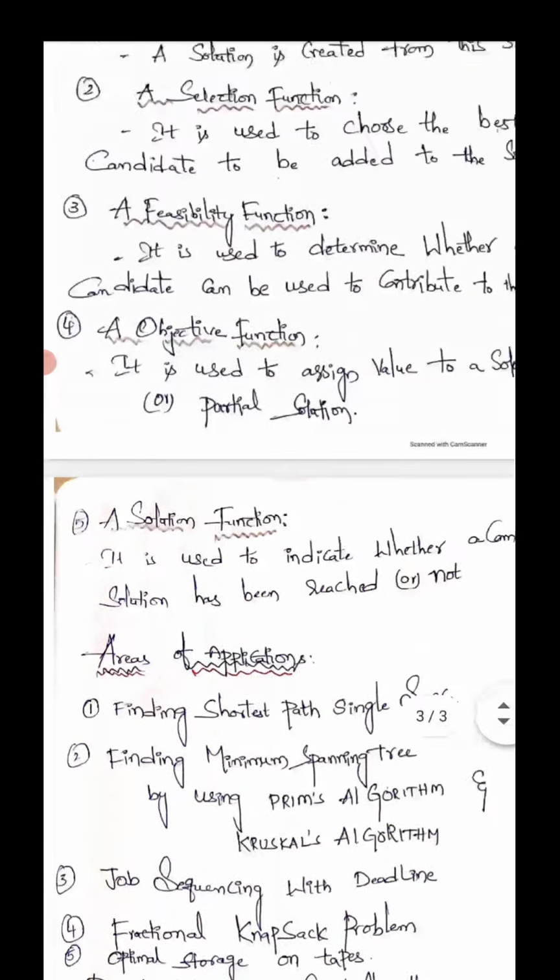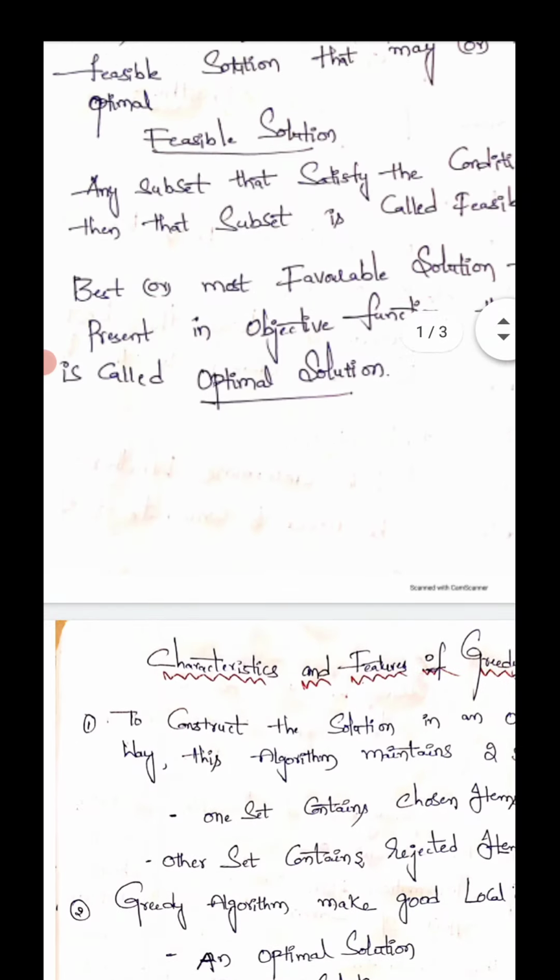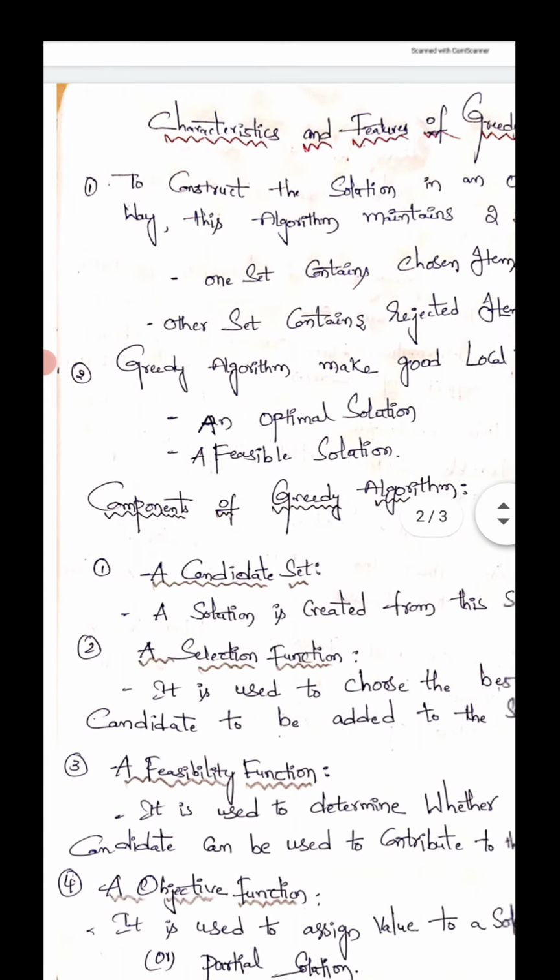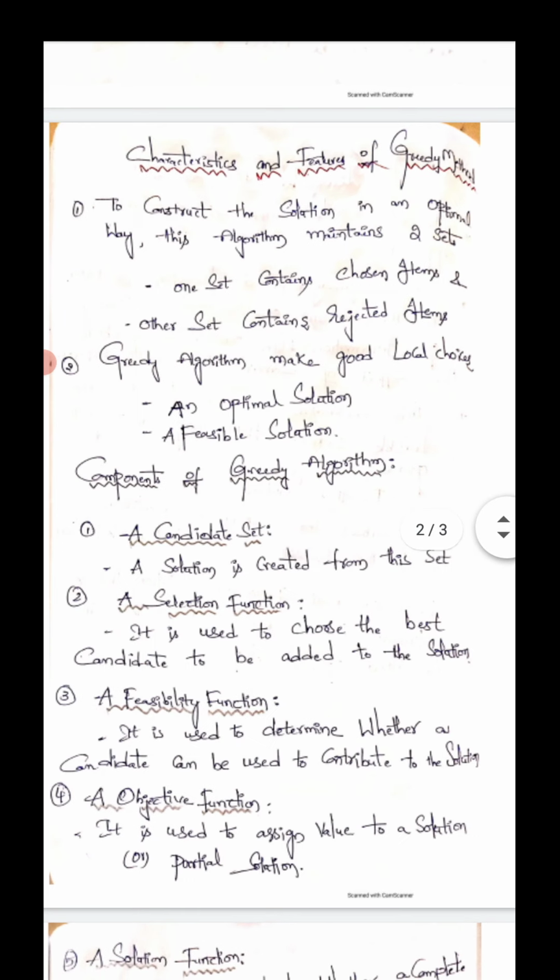Okay, and then we have to study the characteristics and features of a greedy method. First of all, we need to construct the solution in an optimal way. Optimal way in the sense that we want to construct the particular solution in the best way. This algorithm maintains two sets.